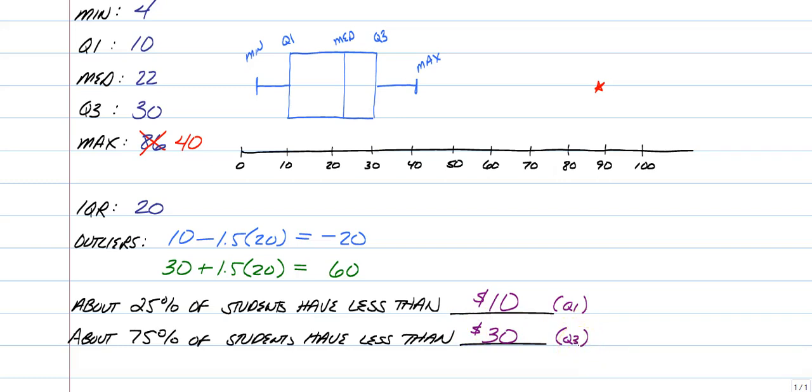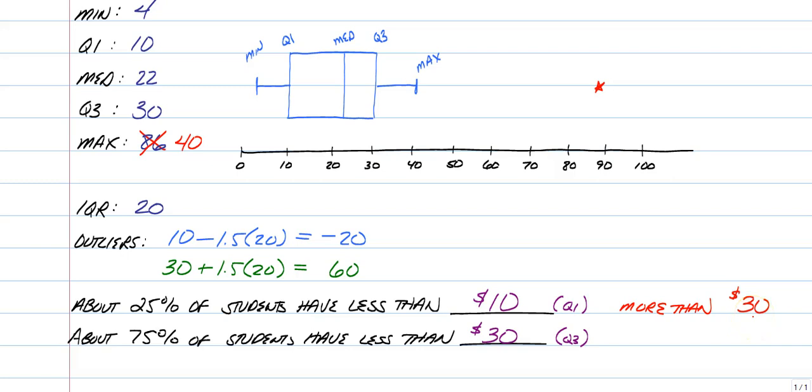Now, if it was worded differently, just in case this were to happen, what we could ask you is 25% of students have more than. So if I said more than, that would be the upper 25%. So that would be just this little section. So that would be more than $30.